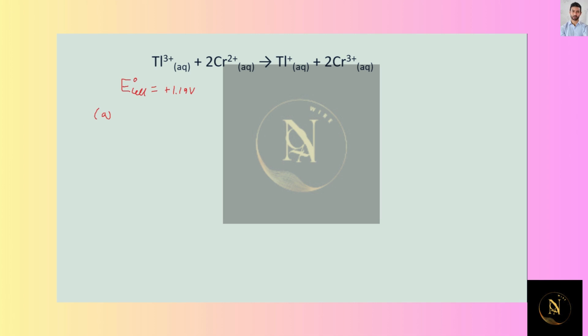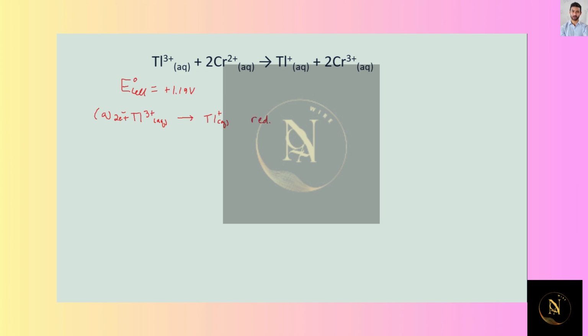So our first reaction, I'm going to take Tl3+ aqueous, and it is going to Tl+ aqueous. In order to balance that, we have 2 electrons over here. Since we're gaining electrons, this is our reduction half reaction.